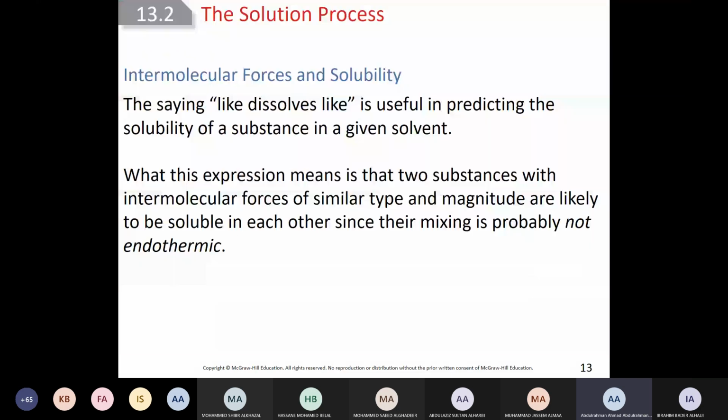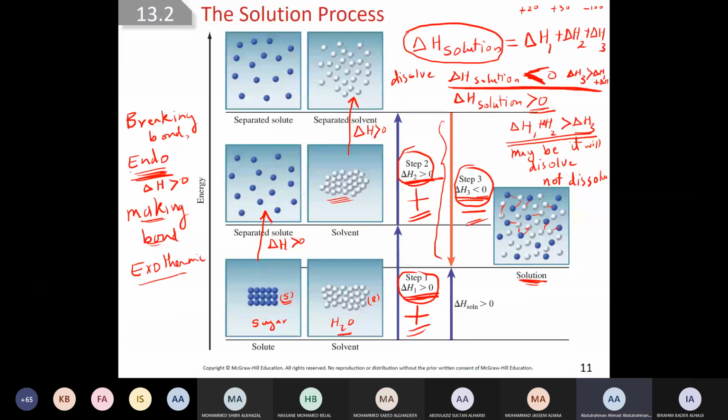Also, this example here is not sugar in water, but something else. Here, what's delta H in this case? Delta H3 is smaller than delta H1. This is delta H1 and this is delta H2. Delta H3 is less than delta H1 plus delta H2.